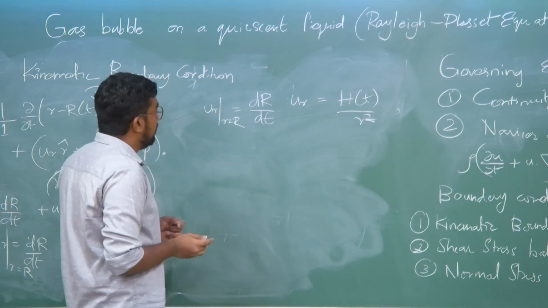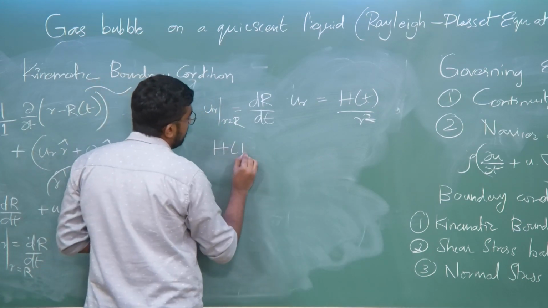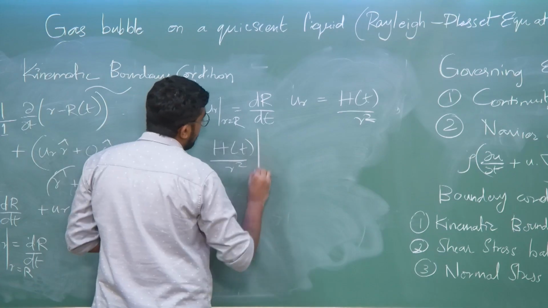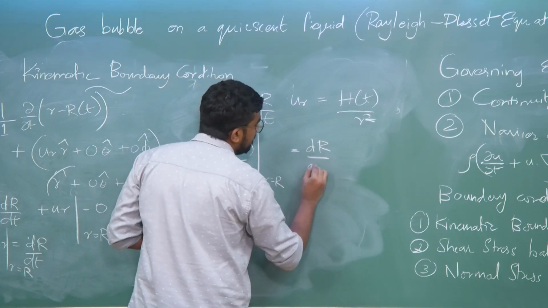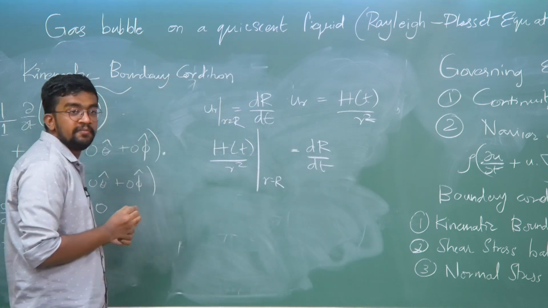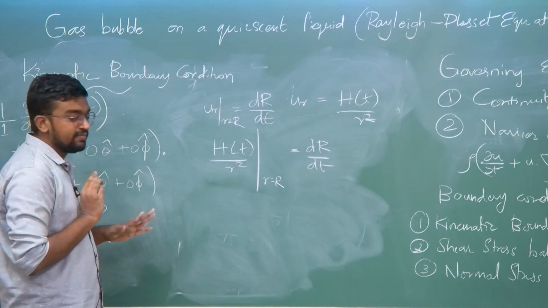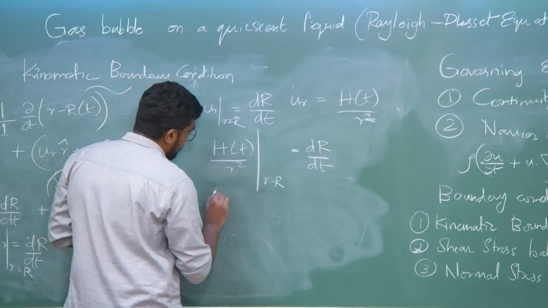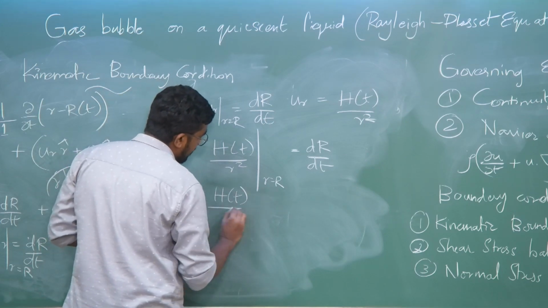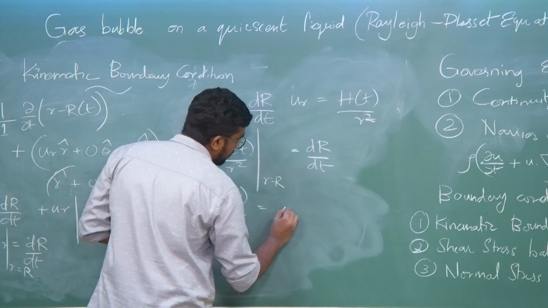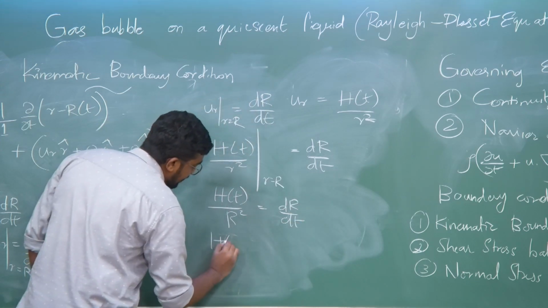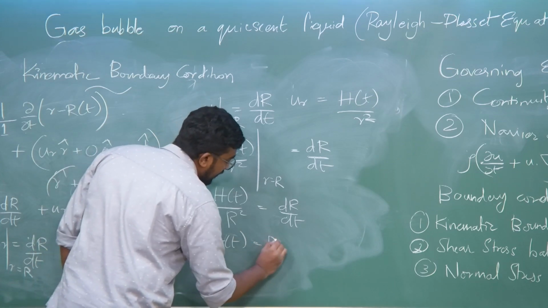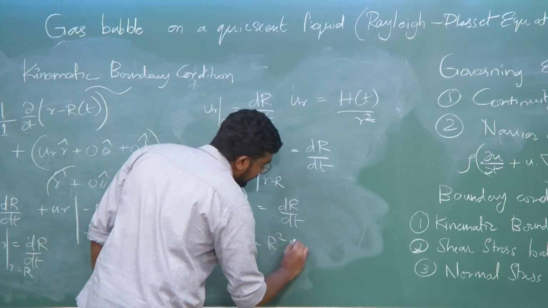Which means that h of t by small r square at r equal to capital R is given by dR by dt. Now, we have h of t by capital R square is equal to dR by dt. We have h of t equal to R square dR by dt.